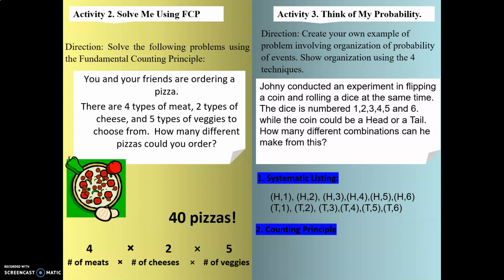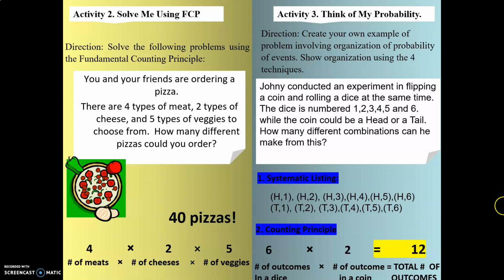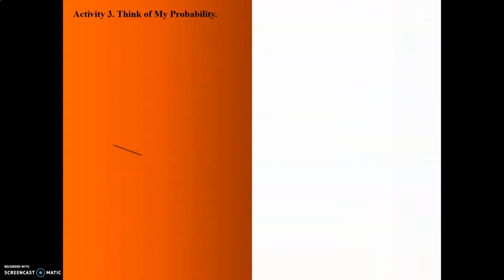And for the basic counting principle, since there are only 2 events, the number of choices from rolling a dice is 6, times the total number of outcomes in flipping a coin, which is 2. So 6 times 2 equals 12.